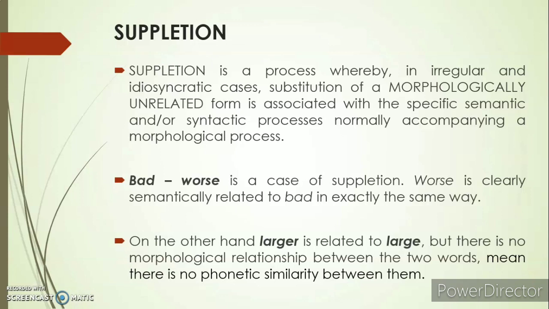Bad and worse is a case of suppletion. Worse is clearly semantically related to bad in exactly the same way. On the other hand, larger is related to large, but there is no morphological relationship between the two words. That is, there is no phonetic similarity between them.